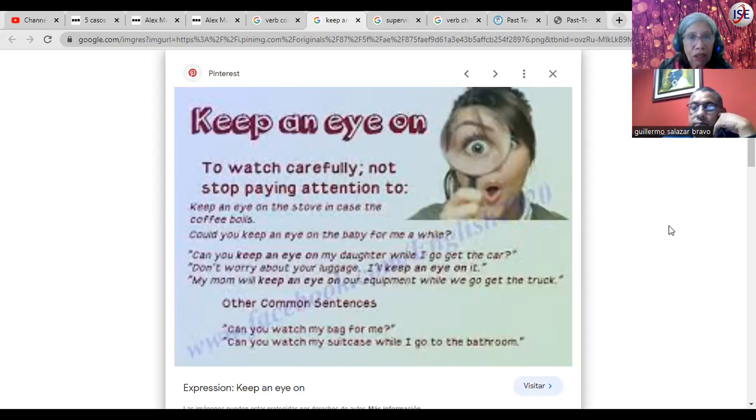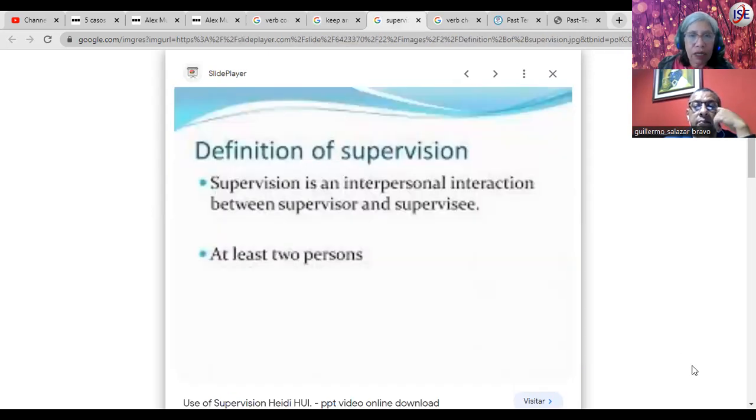So keep an eye on is a phrasal verb again. That means watch carefully. Pay attention 100% of the time. Then the next verb is supervise. Supervision is an interpersonal interaction between supervisor and supervisee, and they need at least two people.